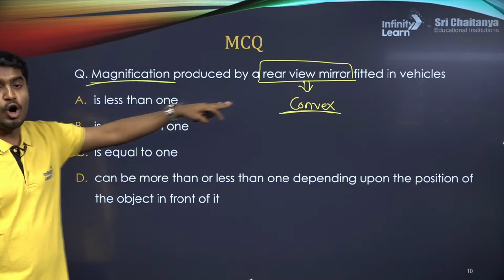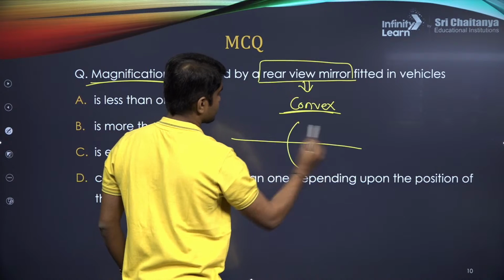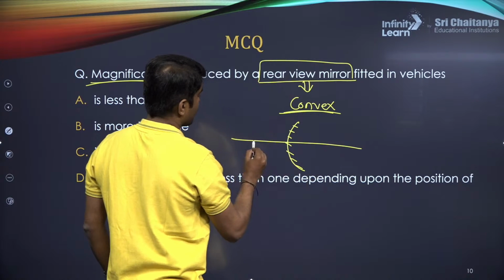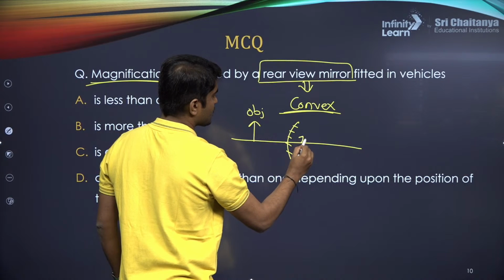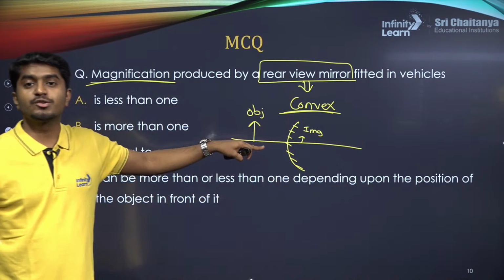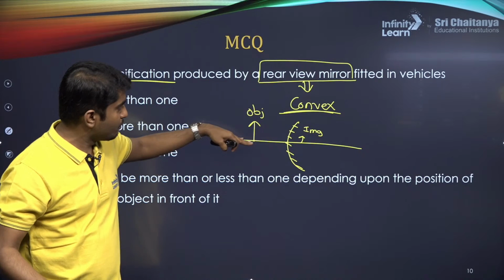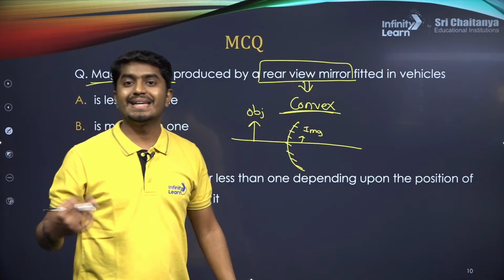When you use a convex mirror, what will always happen? If there is a convex mirror and you place the object here, this would be the image. The image is always going to be diminished, and both heights are positive. The image is virtual and erect.